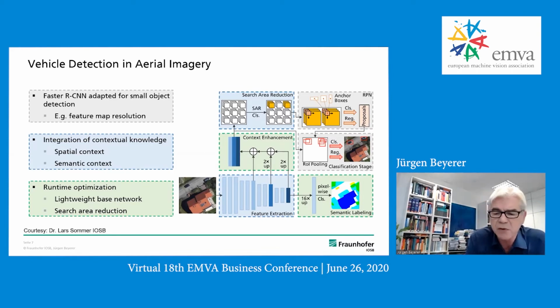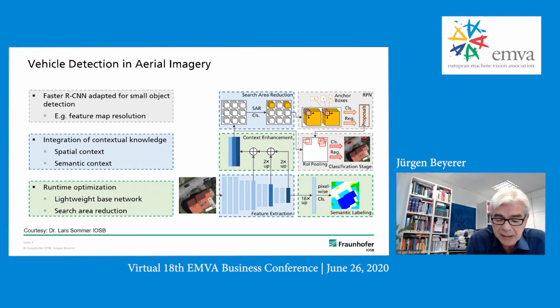These are networks that in the first stage propose regions of interest where it is assumed that there are vehicles or candidates for vehicles, and in the next step, for each of these regions, a deep neural network tries to classify what's inside these regions of interest. And for each of these regions of interest, such a deep network will be established.